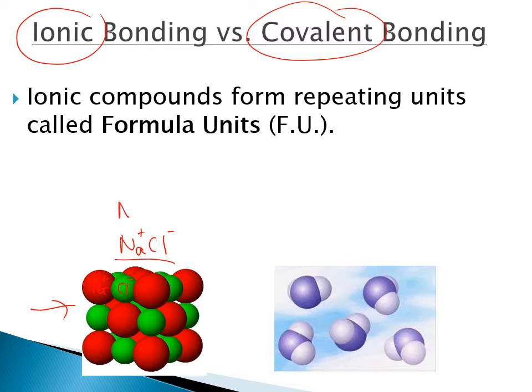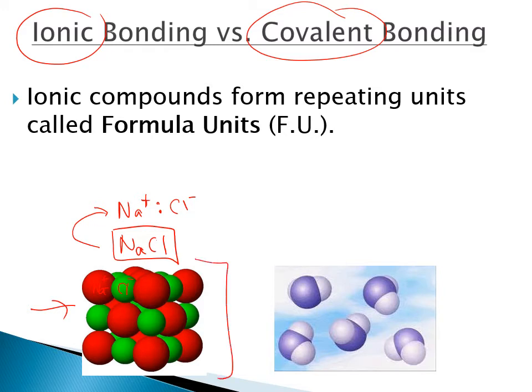They're telling you that there is a ratio of 1 sodium ion to 1 chloride ion. So when you see the formula of an ionic compound, think ratio, and they are ions. They have a charge, and this is the ratio in which they are present.